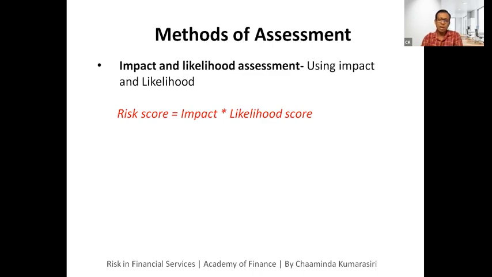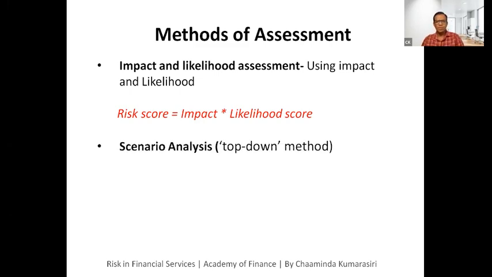Then you decide how likely it will happen, the probability. Let's say there's a 75% chance it will happen. Then your risk score is 100,000 into 75%. That is 75,000. So that is how you get the risk score.